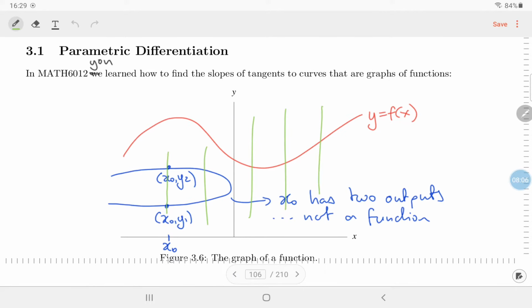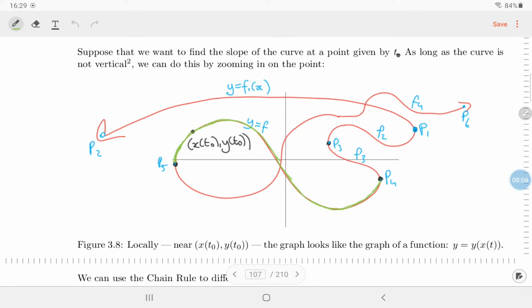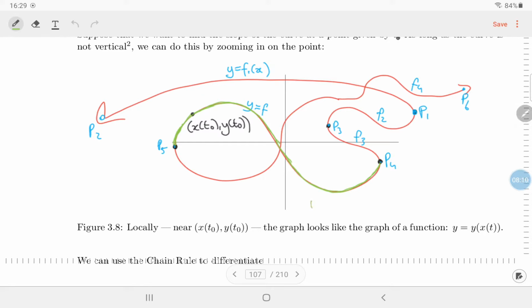It's like the red thing here. So in this region, y is a function of x, and in turn, x is a function of t. So locally, near the point, the part of the parametric curve near a point like this one forms the part of the graph of a function.